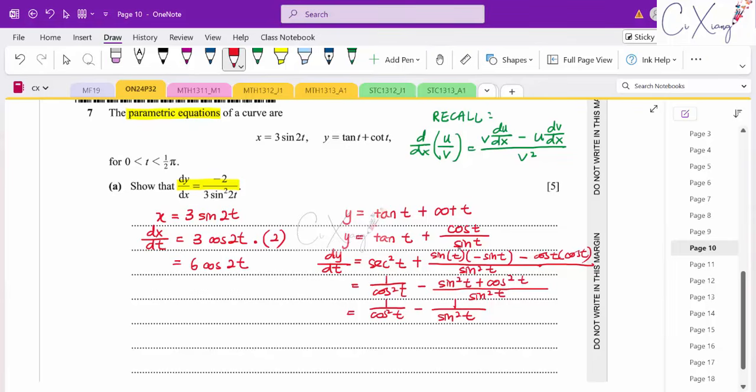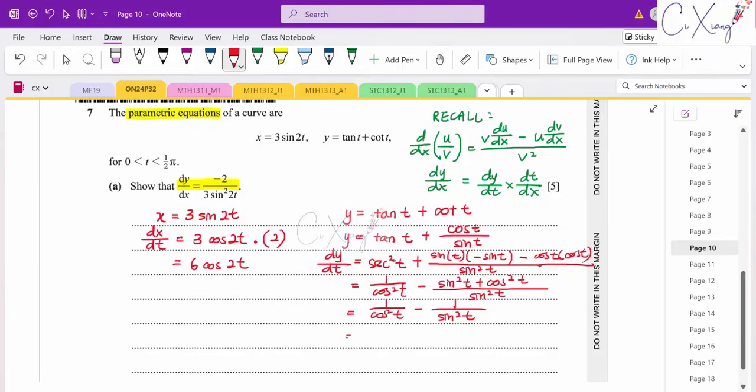But I know that later, if I want to get dy/dx in parametric equations, I need to use the chain rule. So the chain rule is dy over dt multiplied with dt over dx. So what should you do now is, for me, I think I will need to combine these two fractions into one so that later it's easier for me to multiply with some other things.